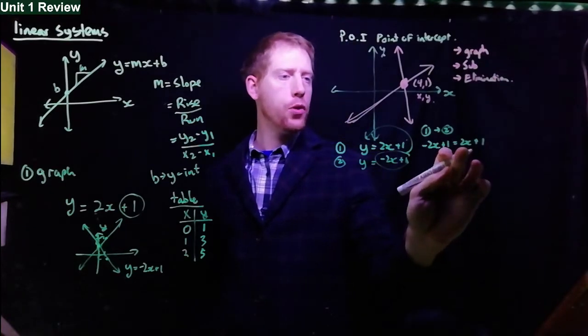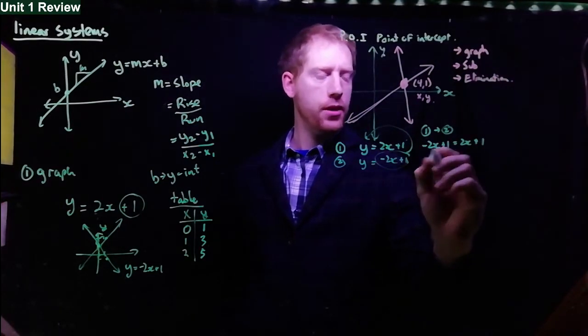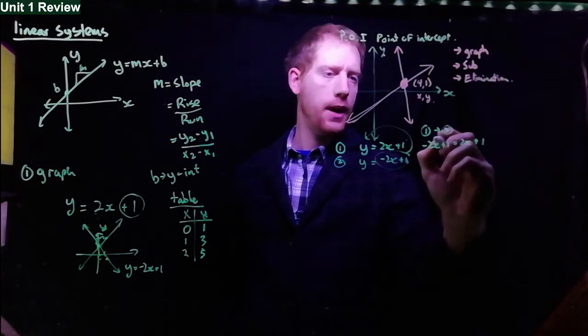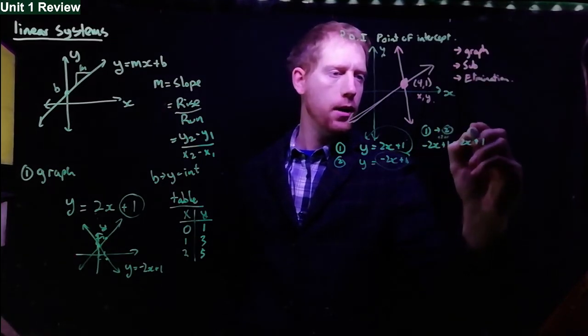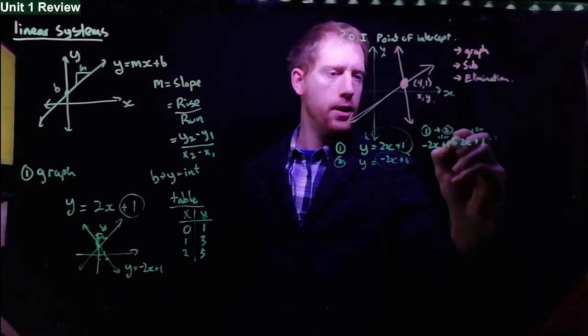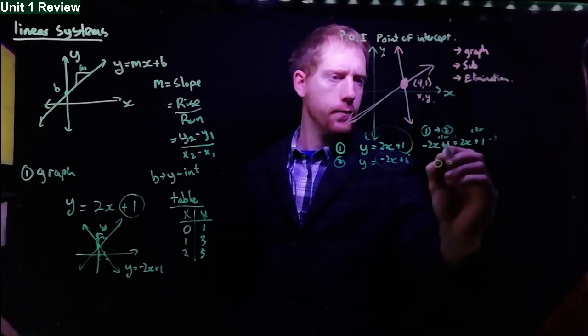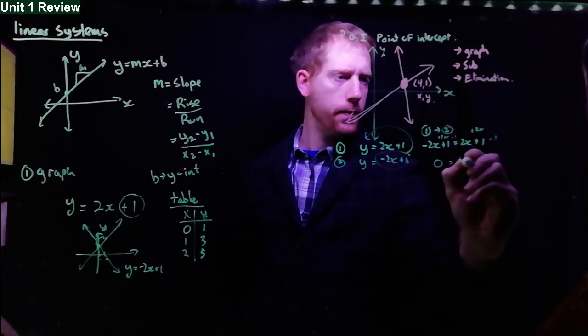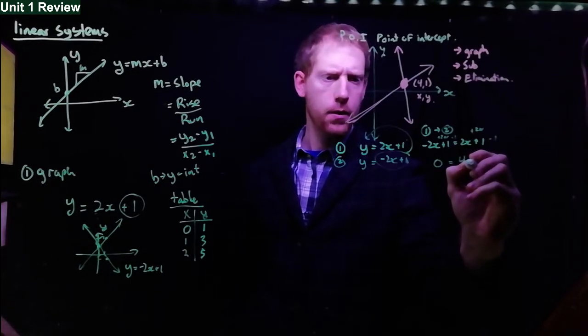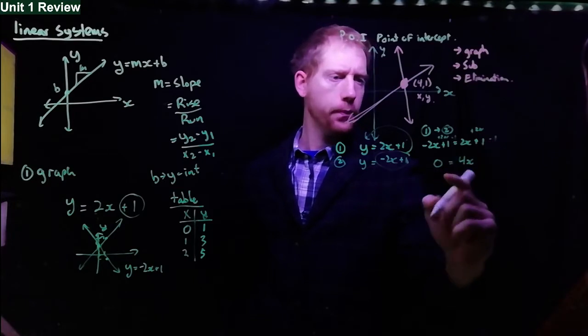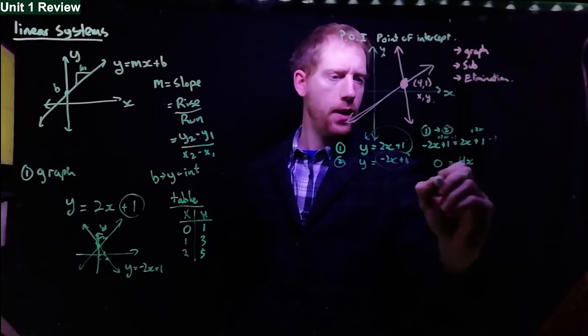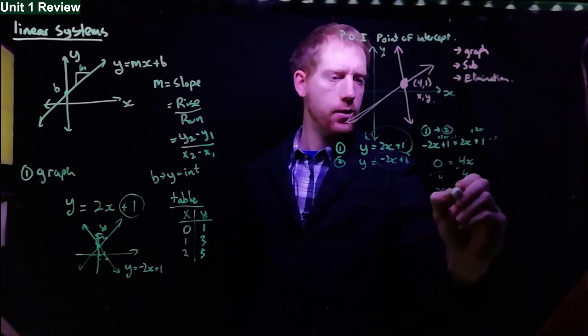And then you group these. So I'm going to add 2x here and add 2x here, minus 1, minus 1. So we're going to have 0 is equal to 4x. So we're going to divide by 4, and we're going to get x is equal to 0.